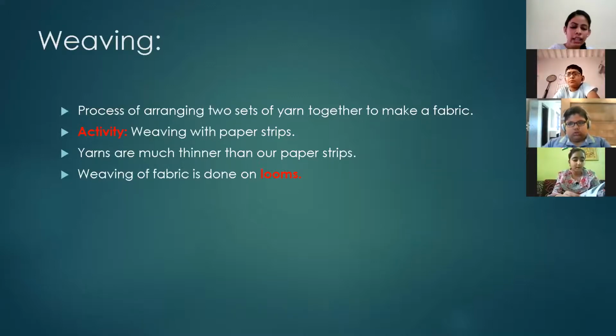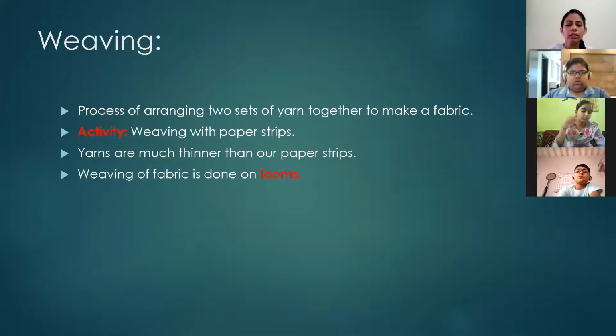Fold both the sheets in half. On one sheet draw lines as shown in figure 3.12a, and on the other as shown in figure 3.12b. You will draw lines on the paper.